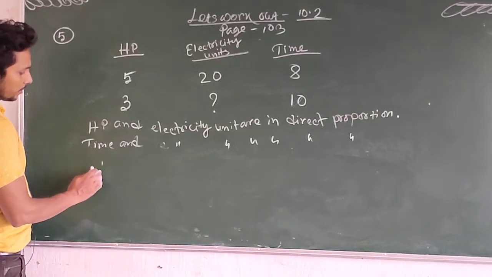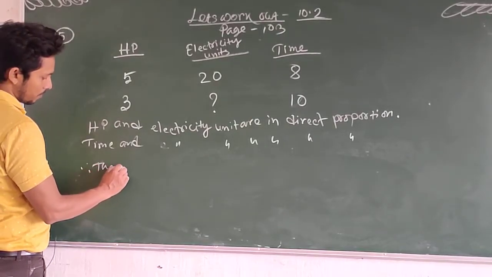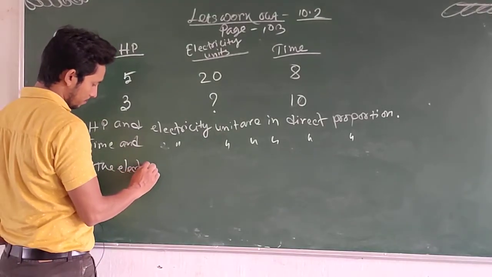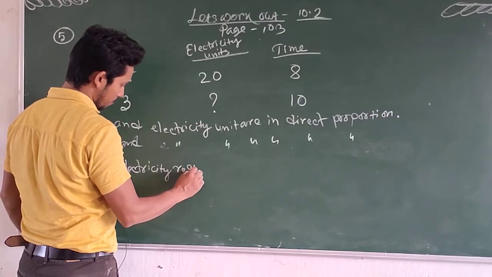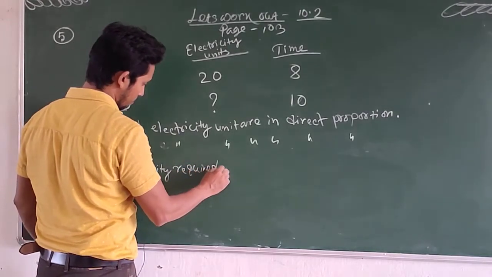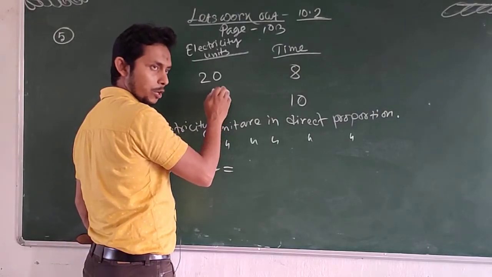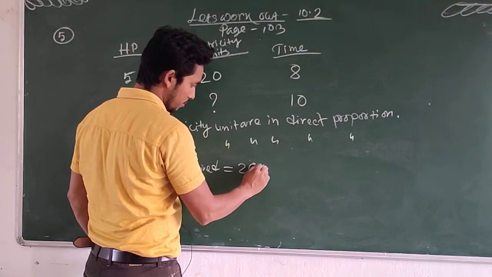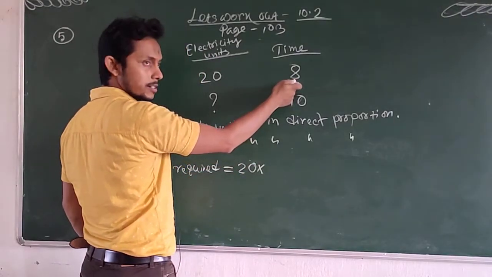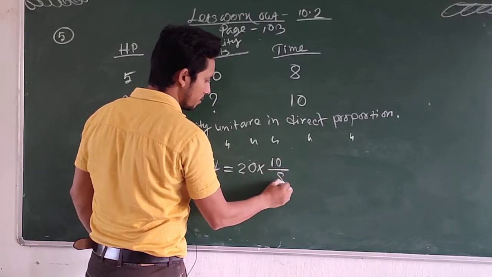So we need to find the electricity unit required. Here 20 is there because we are finding 20s. So 20 multiplied, look, what is the relation? Direct proportion, so it will be inverted, 10 by 8 will be written.